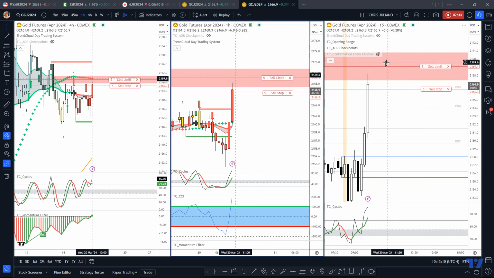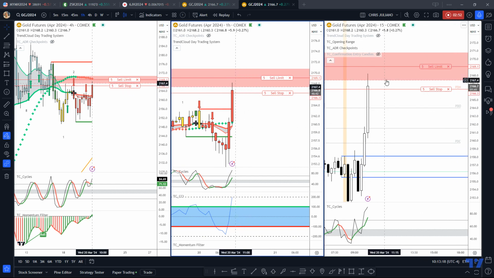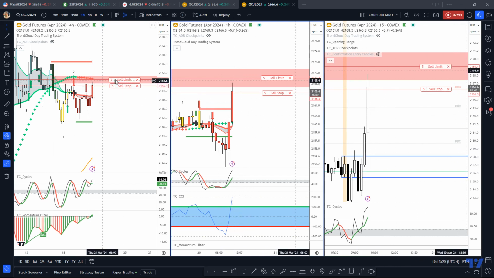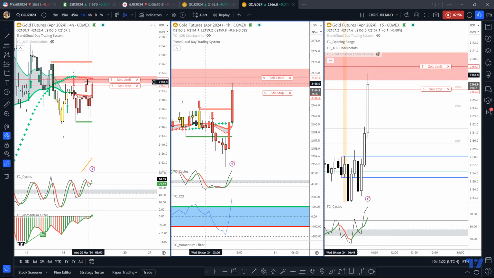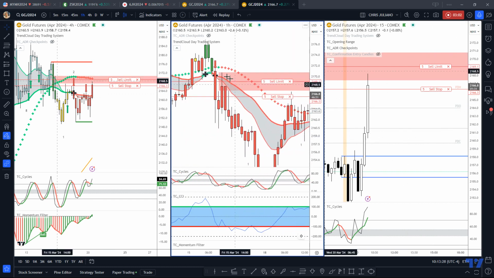I don't know how deep this is going to go, but we've got the previous day's high here. We've got the previous day's open, broke out to the upside on the opening range, and we're slamming right into this high time frame resistance area.